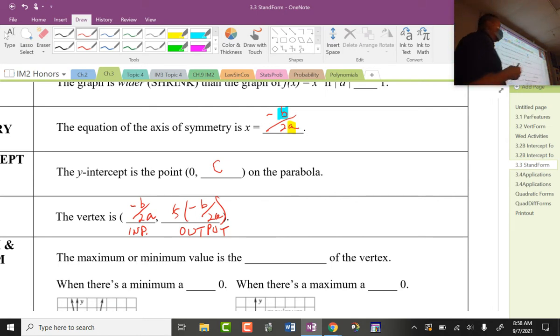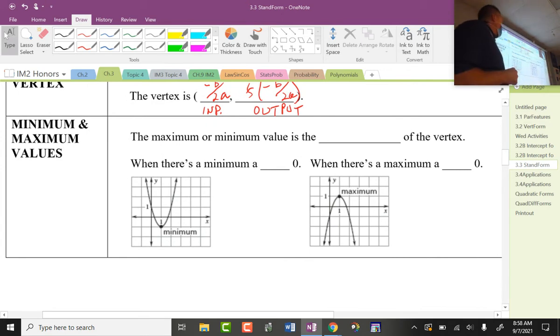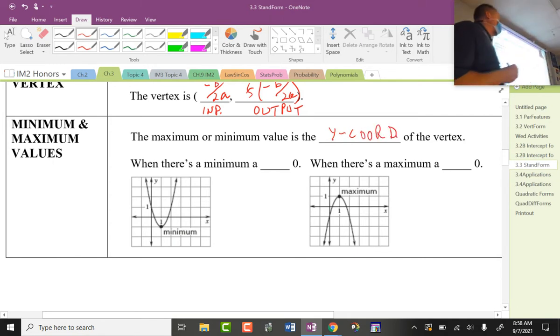All right, and then the last part is not different. This is a reiteration of all the forms. Okay, if I have a parabola going up, then I have a minimum. But before that is the y coordinate of the vertex. That's how we name. The word minimum and maximum implies the y coordinate of the vertex.